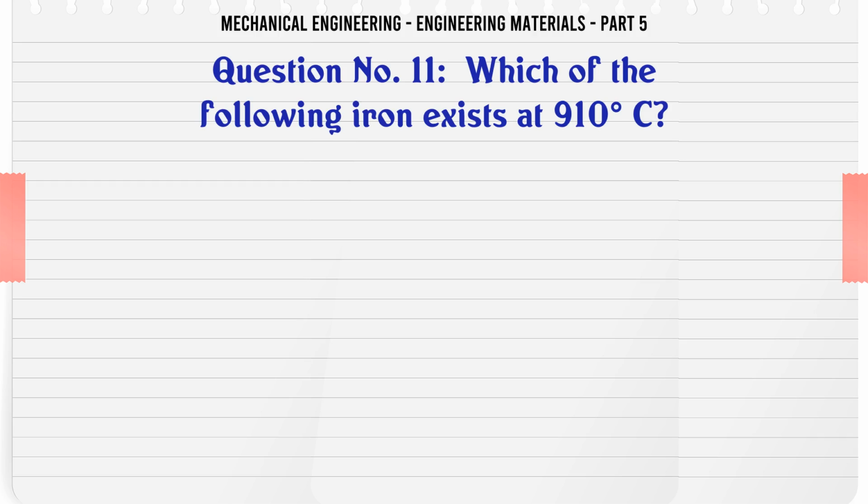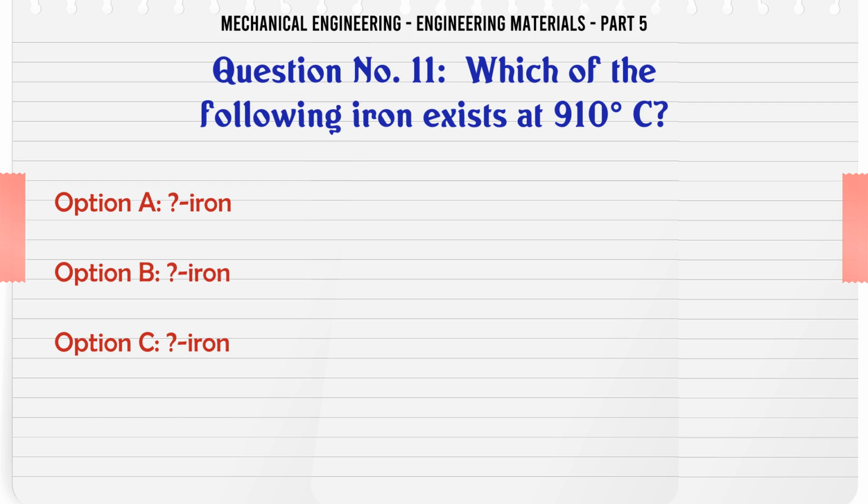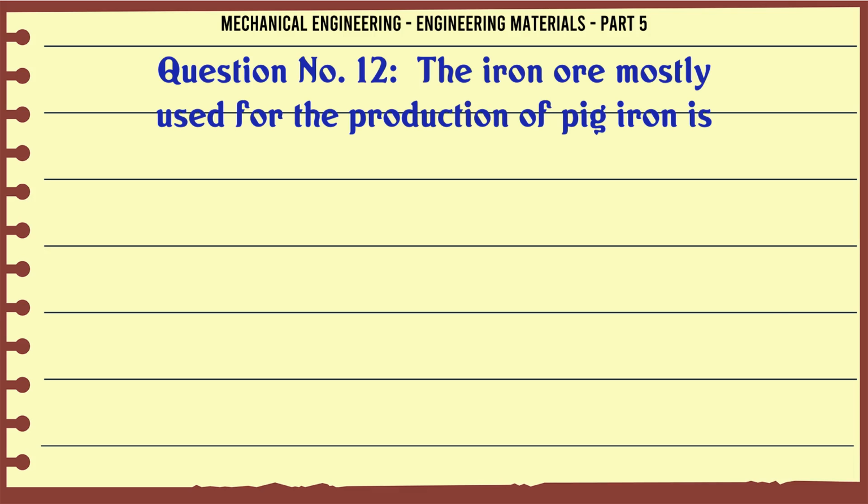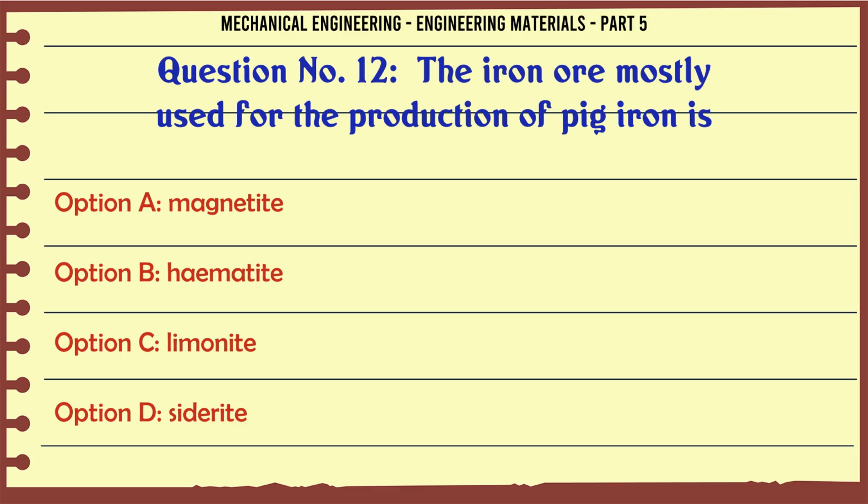Which of the following iron exists at 910 C? A. Alpha iron. B. Beta iron. C. Gamma iron. D. Delta iron. The correct answer is gamma iron. The iron ore mostly used for the production of pig iron is A. magnetite. B. hematite. C. limonite. D. siderite.